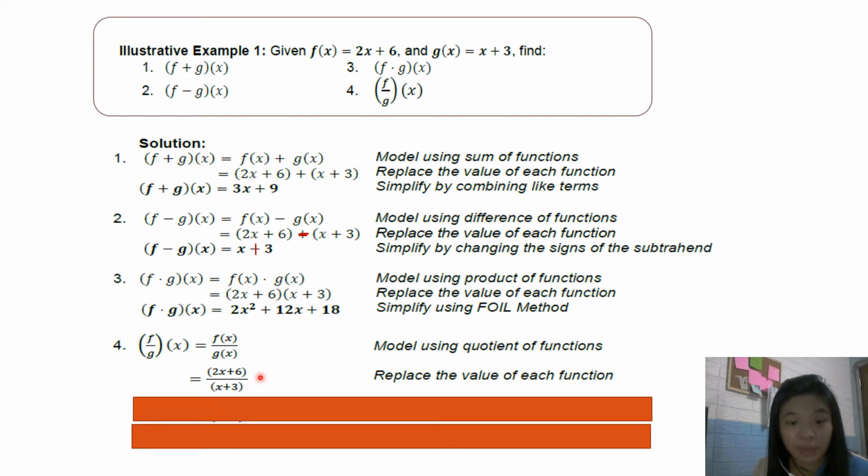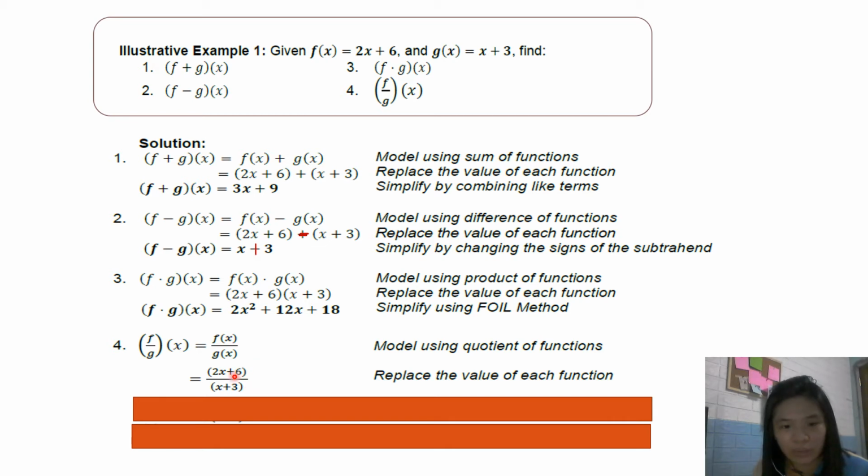We factor out. So, kailangan marunong na kayo mag-factor out. And I believe na lesson nyo na yan nung junior high school kayo. So, can we factor out x plus 3? Hindi na, no? How about our numerator?